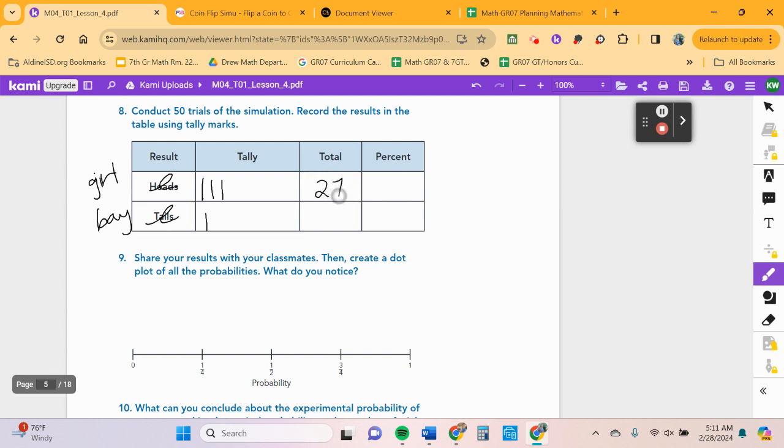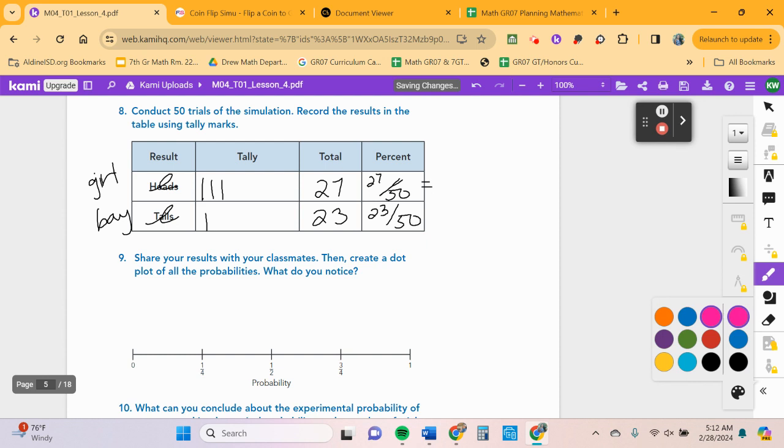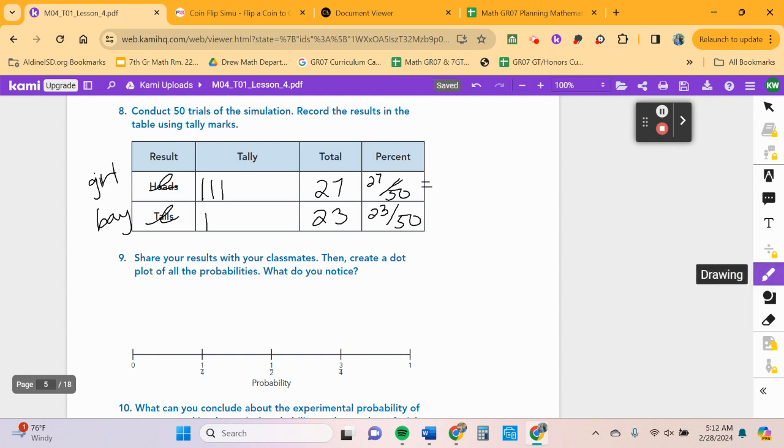So 27 and 23. And the way we find that percentage is by first figuring out what that fraction is. So 27 out of 50 and then 23 out of 50. The great thing about using 50 as a denominator is I can easily just double that to get my percentage out of 100.